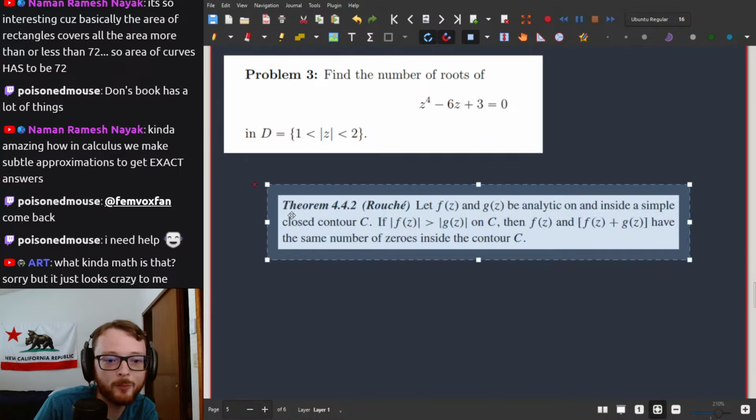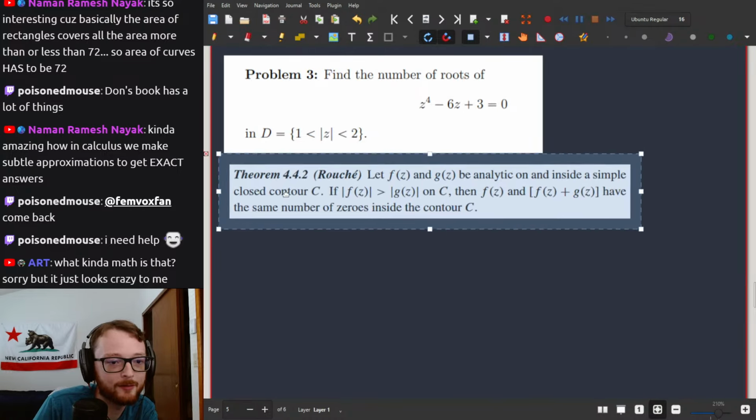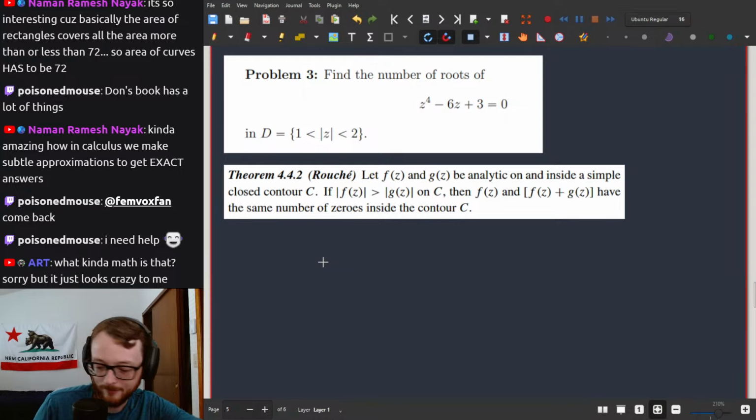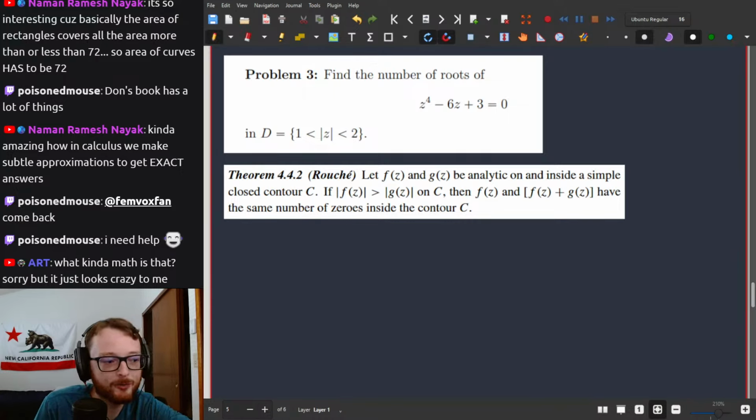Oh, this is called complex analysis. You would take a class like this a good bit after taking a couple of classes in calculus. It's fairly advanced undergrad, I would call it.